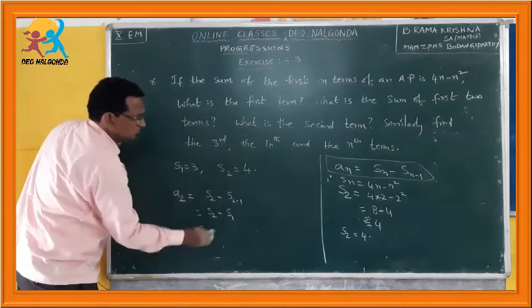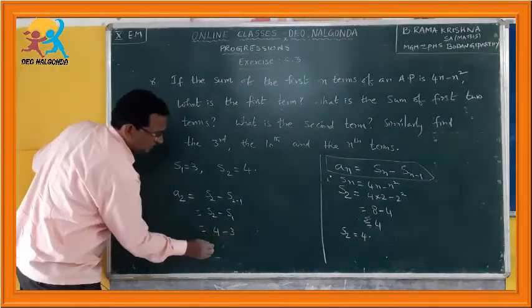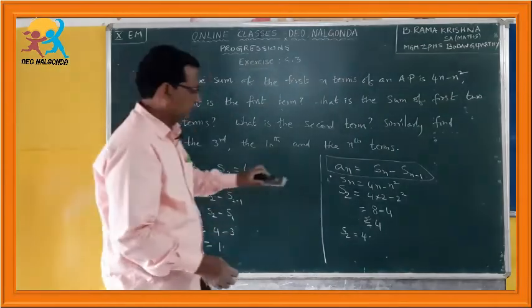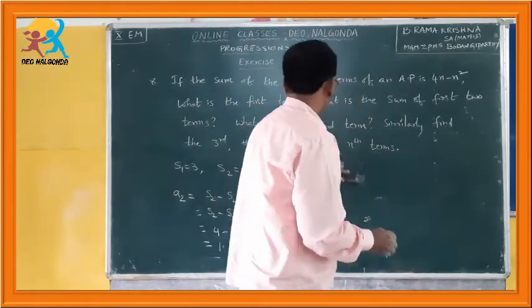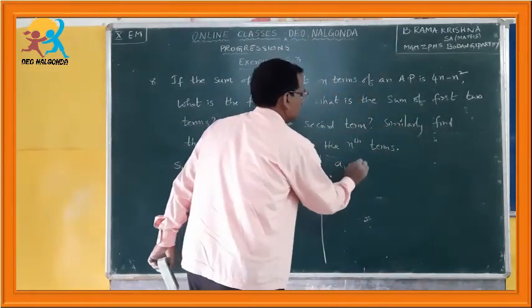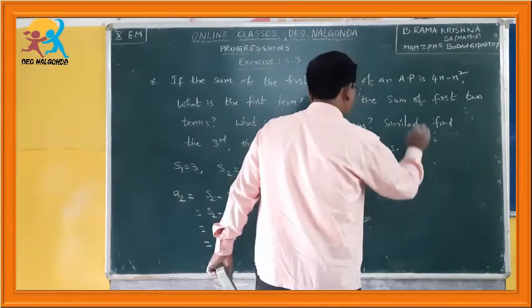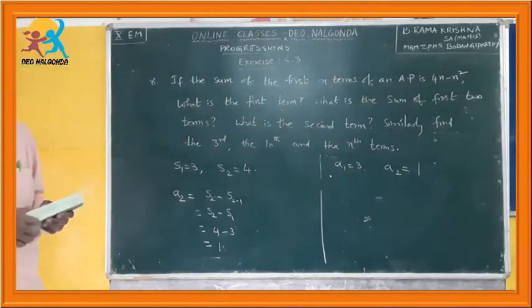How much is S2? 4. How much is S1? 3. Therefore, 4 minus 3 is equal to 1. Now I am writing A1 is equal to 3, A2 is equal to 1.